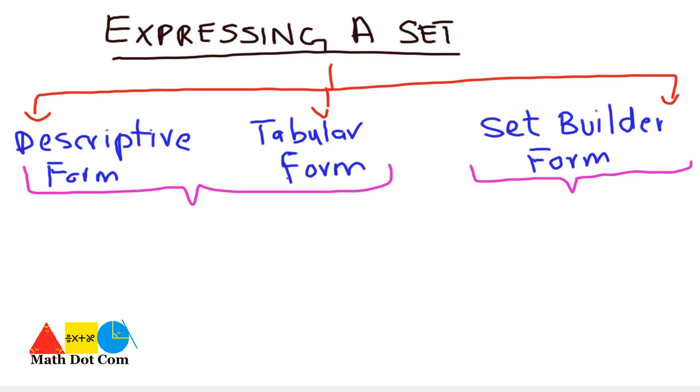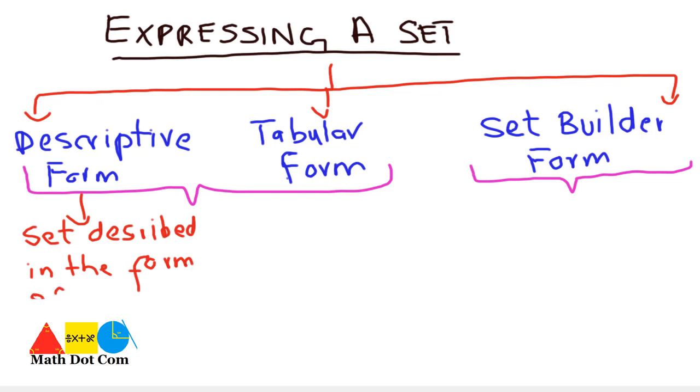What is descriptive form? We can say that descriptive form is when the set is described in the form of a statement. When the set is described in the form of a statement, it will be called the descriptive form.